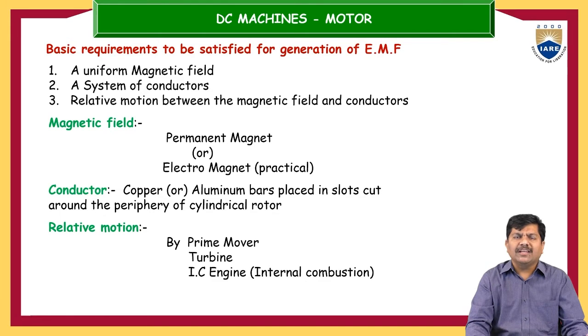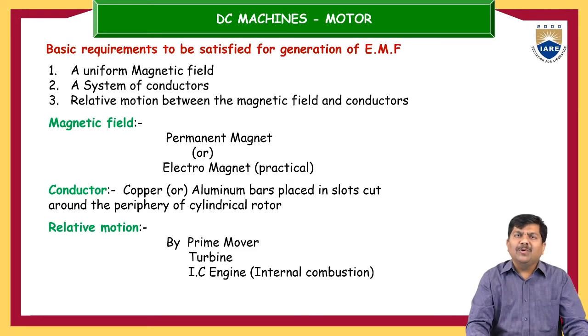For example, let us start with one conductor. You keep the conductor inside that magnetic field. Then the third important point is that you develop relative motion between the two. What are the two? One is the magnetic field and the other is the conducting system or conductor. After keeping one in the other, just develop the relative motion between them.